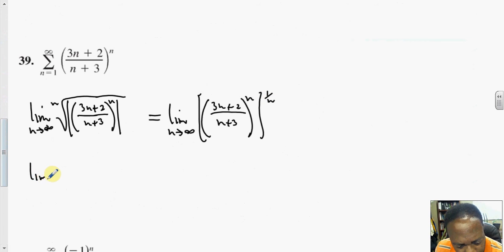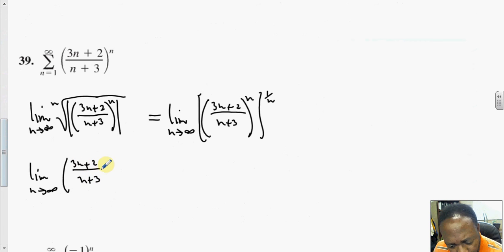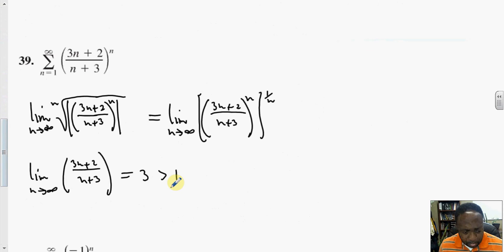We have left the limit as n goes to infinity of just 3n plus 2 over n plus 3. This limit directly here is equal to 3. It's greater than 1. If the limit is greater than 1 or infinity, then the series diverges.